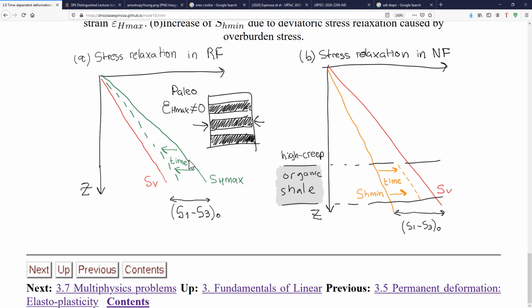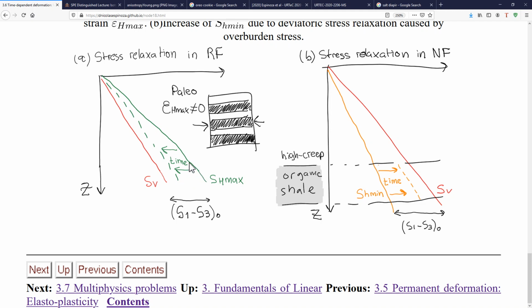In some of these formations, let's say that sometime during the Mesozoic era, we had a high tectonic strain that caused a very high horizontal stress at a particular location. If we are in the presence of a viscoelastic formation, this stress is not going to hold for 100 million years, but it's going to relax with time to a lower value.